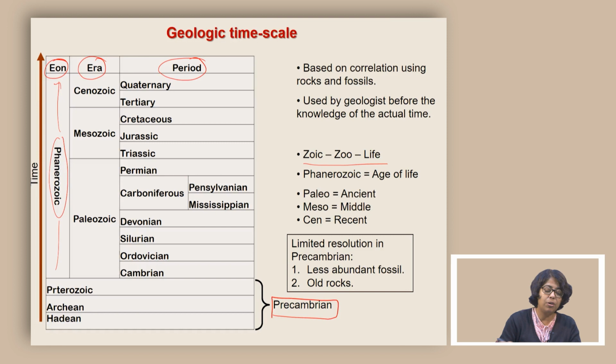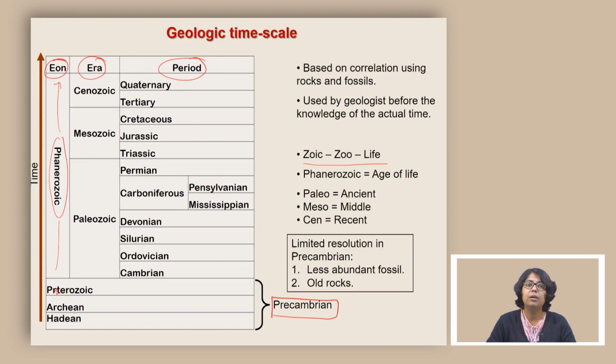Now it has been further subdivided. The Precambrian has been subdivided into Proterozoic, Archean and Hadean. So, Hadean is the oldest, Archean followed by Proterozoic, all making Precambrian, and then later we find Phanerozoic.